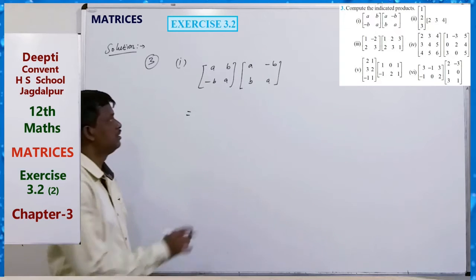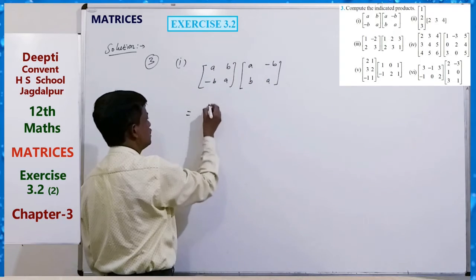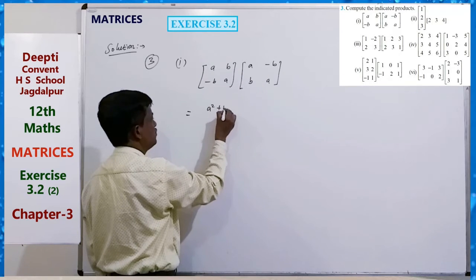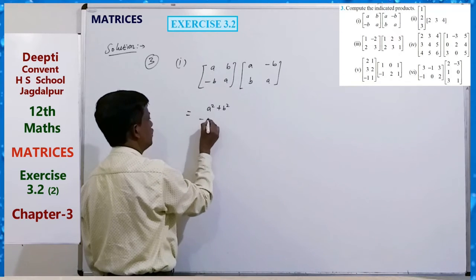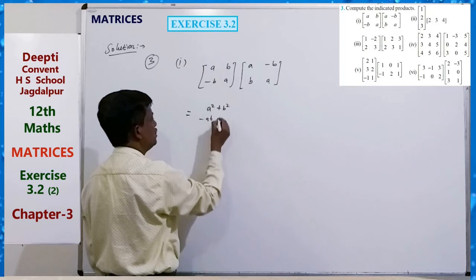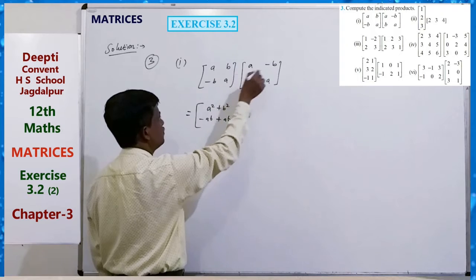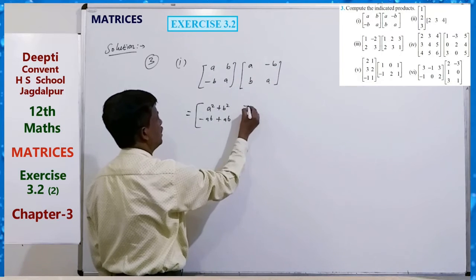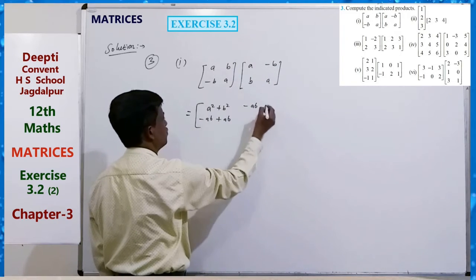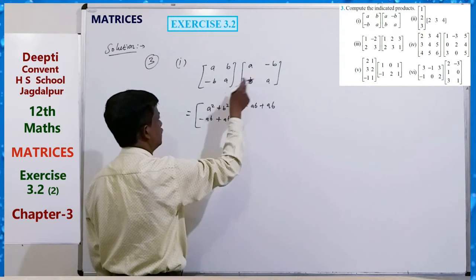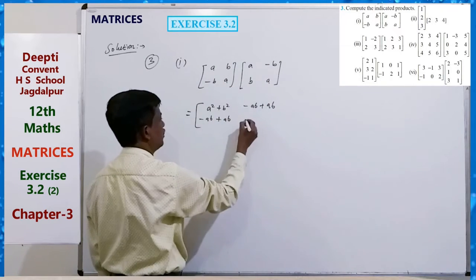Very simple: A into A, A square; A into B, plus B square; minus AB; and plus AB, which cancel.